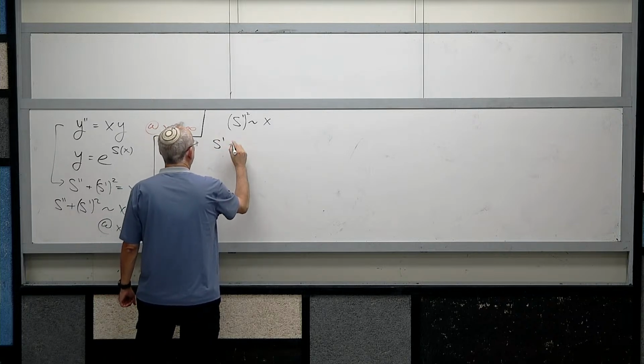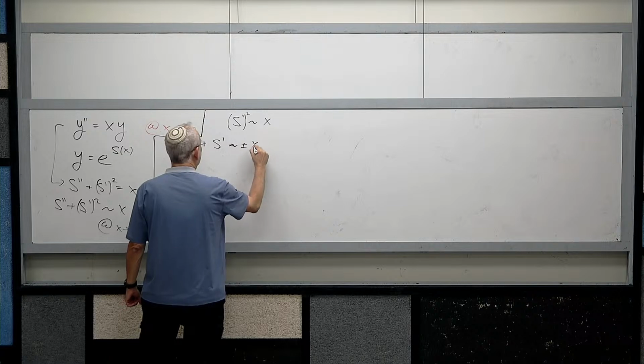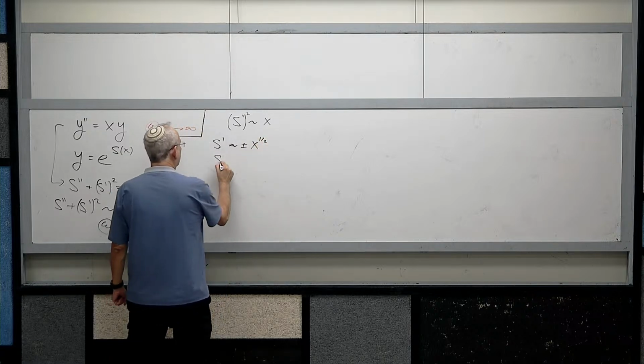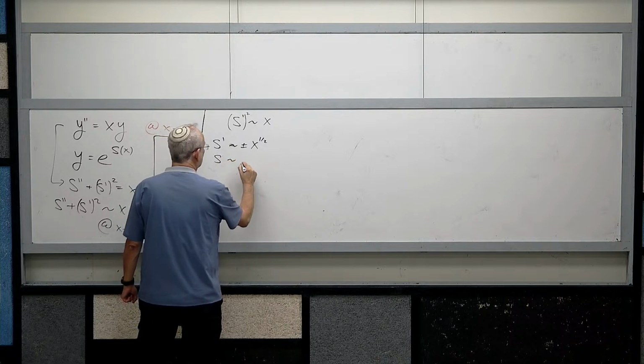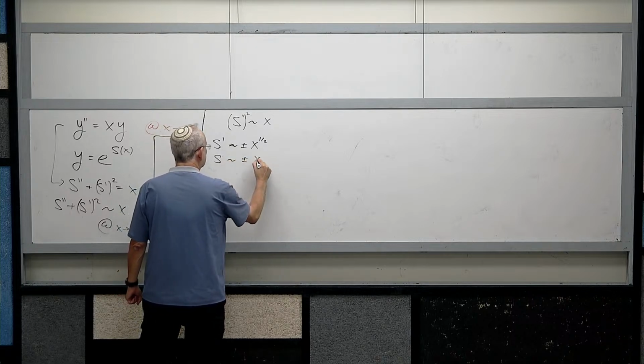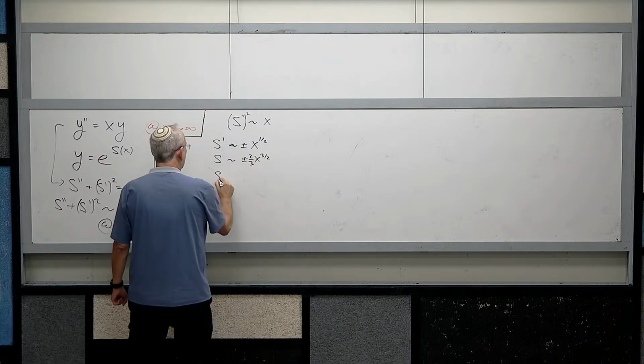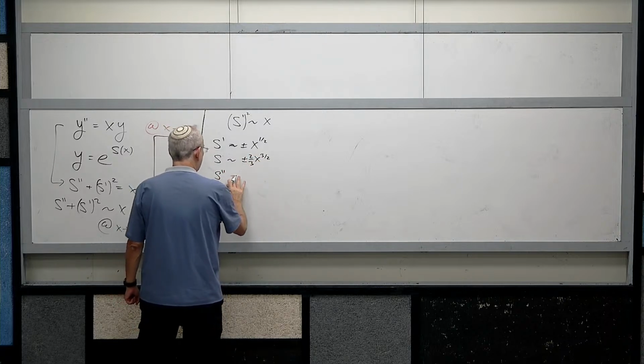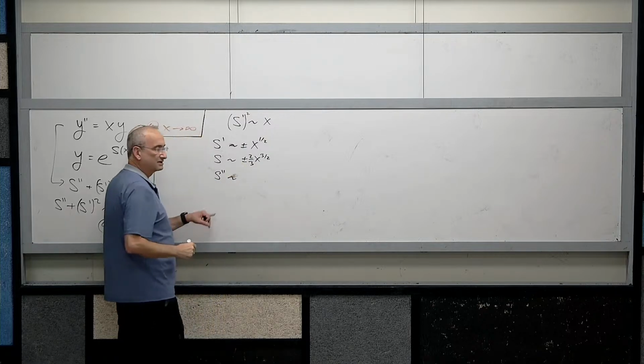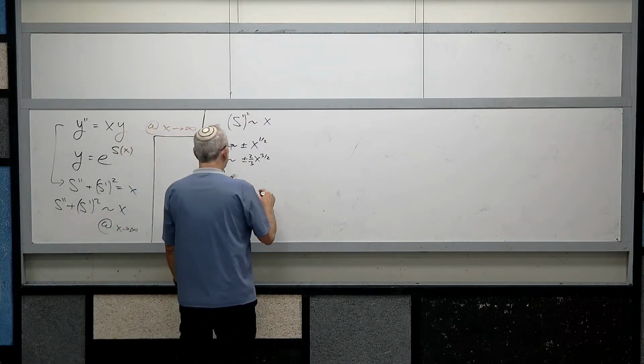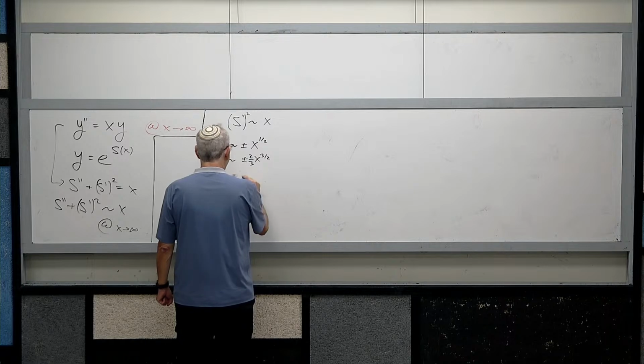which implies that s prime is asymptotic to plus minus x to the 1/2, which implies that s is asymptotic to plus minus x to the 3/2 divided by 2 times 2/3, which implies that s double prime, I'm writing it for reasons that will be understood immediately, is asymptotic to what?